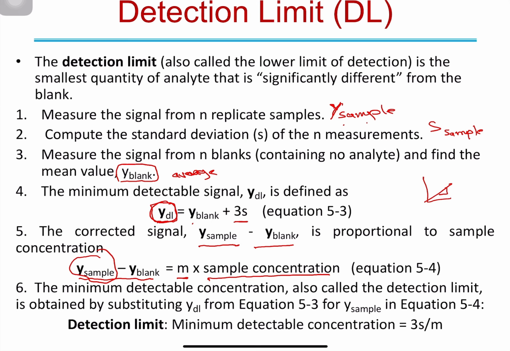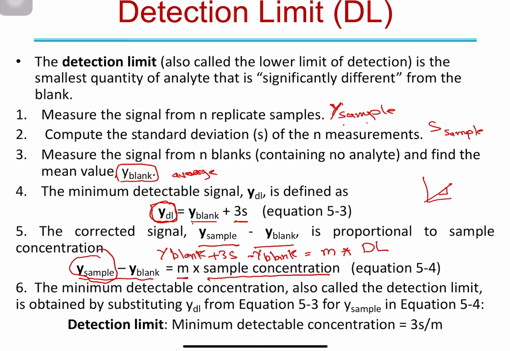So when you replace Y sample with YDL, and we know YDL equals Y blank plus 3S, it's going to be Y blank plus 3S minus Y blank, which equals m times the minimum detectable concentration, or detection limit.